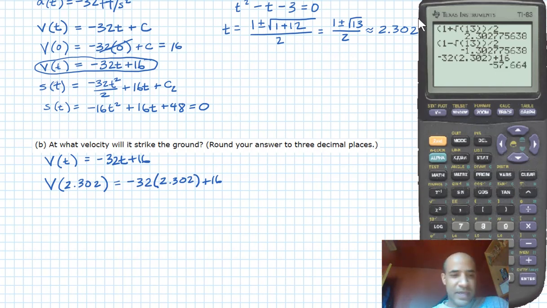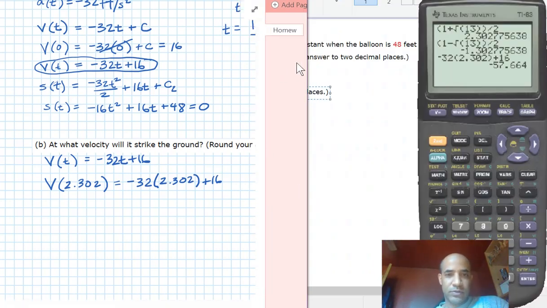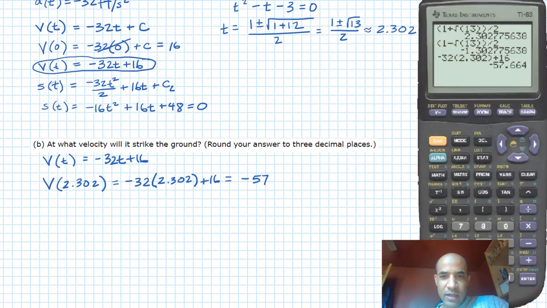Great, and that gives me that the velocity is, okay, oh wow, I really messed that up. Let's make that bigger again, there we go. That velocity should be equal to -57 point, I've got to look at it again.